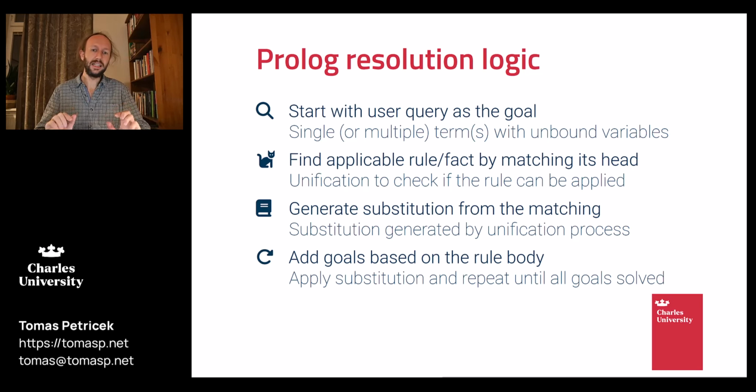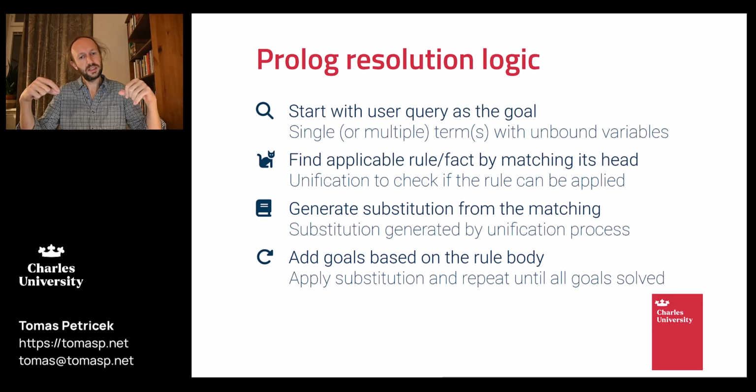But the idea is that the user writes a query. This is what we wrote in the terminal, and what starts the Prolog search. This can be a single term or multiple terms with some variables. We have this query as the starting point, and let's say it's just a single term.